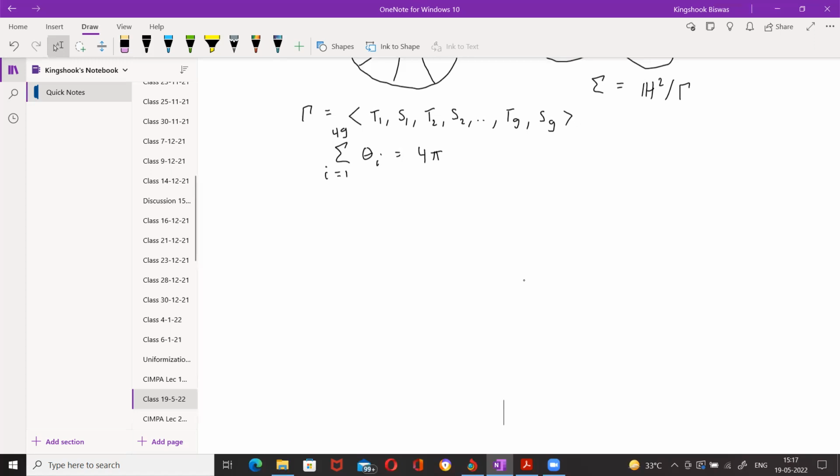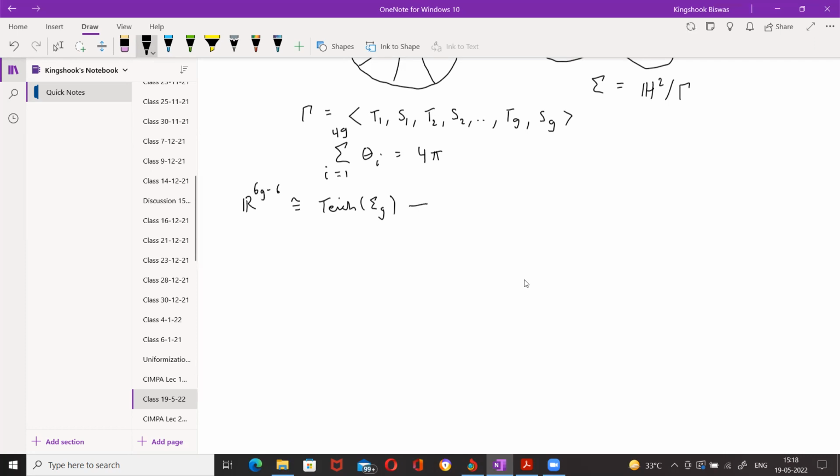So you have the Teichmuller space of sigma G, which is diffeomorphic to R to the 6G minus 6.